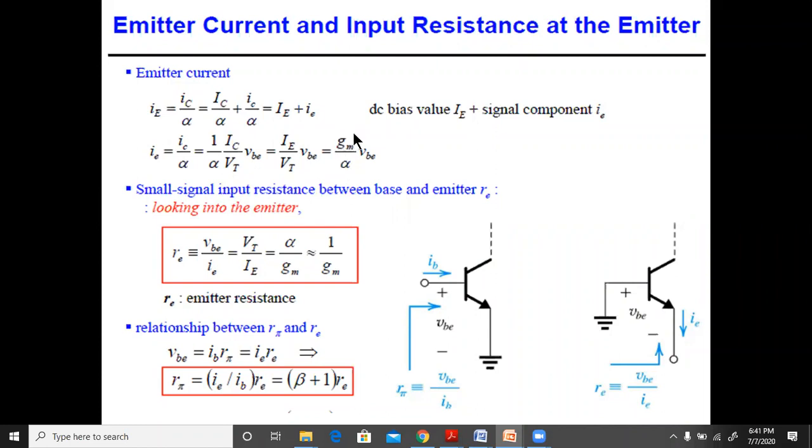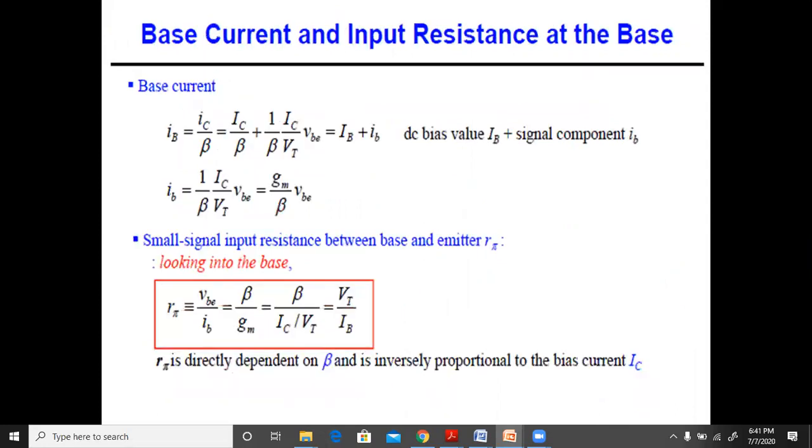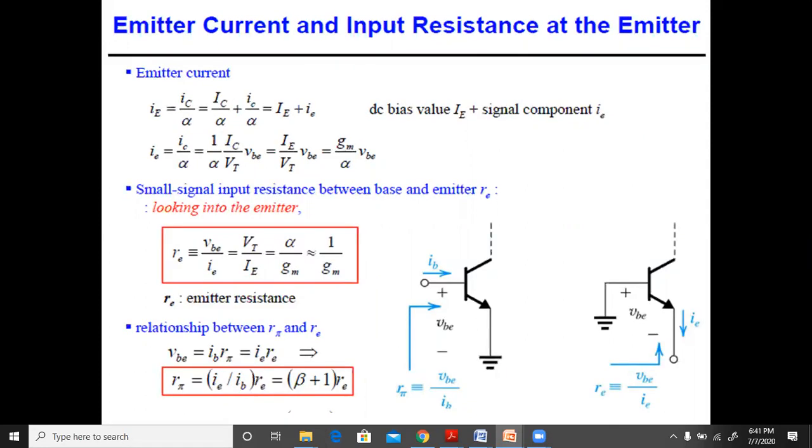So alpha by gm is the input resistance at the emitter, and beta by gm is the input resistance at the base. That's the standard thing. You can see that here: this is beta by gm, and here it is alpha by gm. Alpha is almost equal to 1, so sometimes this is written like this, but the accurate value is alpha by gm only.